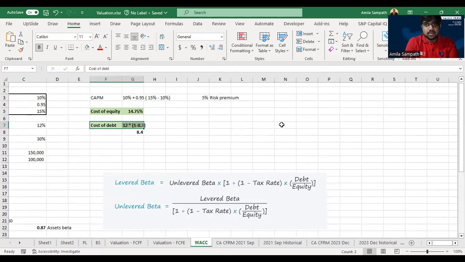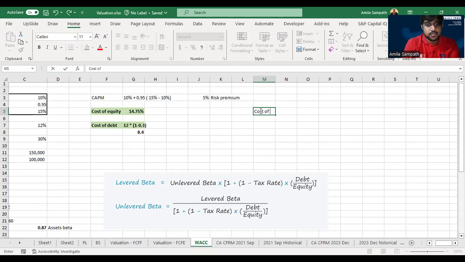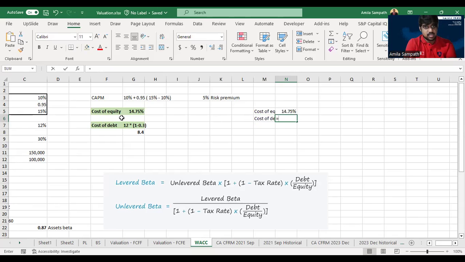Here our cost of equity is 14.75. Then our cost of debt is 8.4.